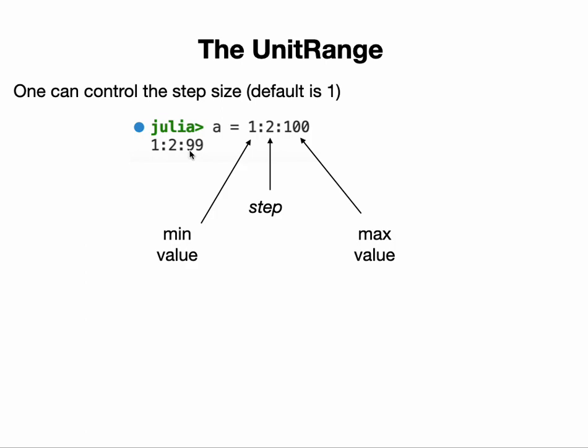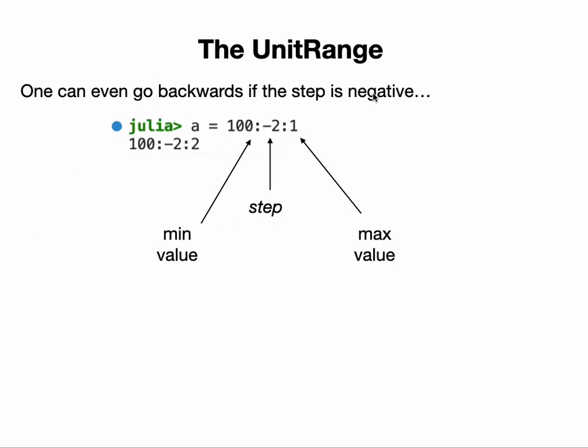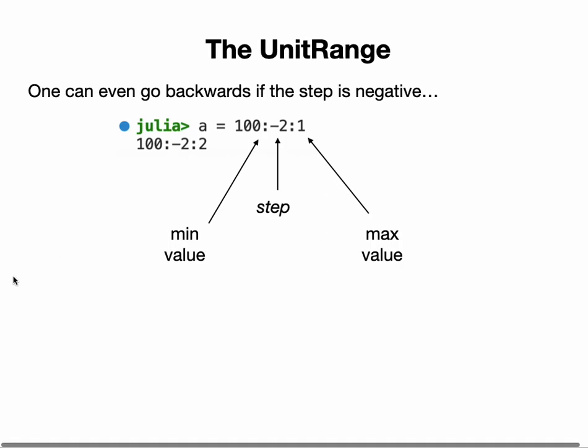It can only go to 99 because we are making a step of 2, and 100 is not included in the sequence of numbers. So it may truncate your sequence of numbers here. So minimum value, maximum value, and step. You can also go backward if you set a negative step. We do the same here. We go from 100 with a step of -2 until 1. And again, you see that it cannot reach number 1 because it's not included in the sequence of numbers.